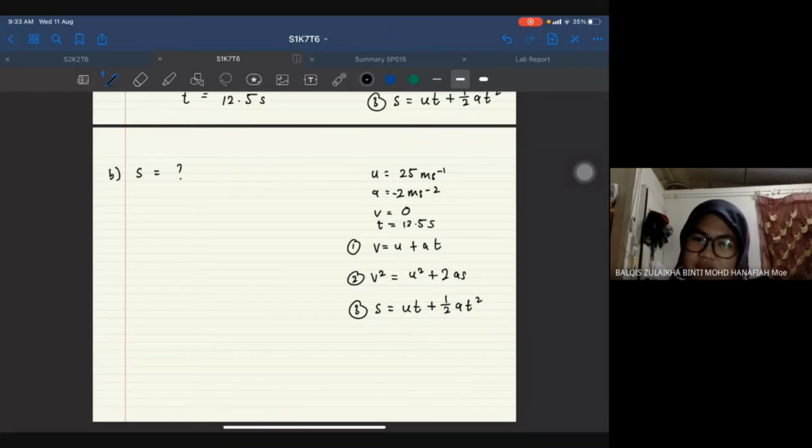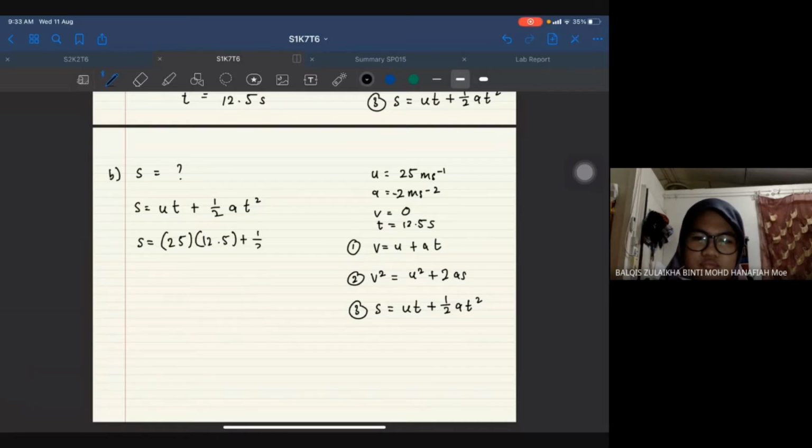So S equals to UT plus half AT square. S you want to find. Okay, U is equals to 25. T is equals to 12.5, just now you calculate.